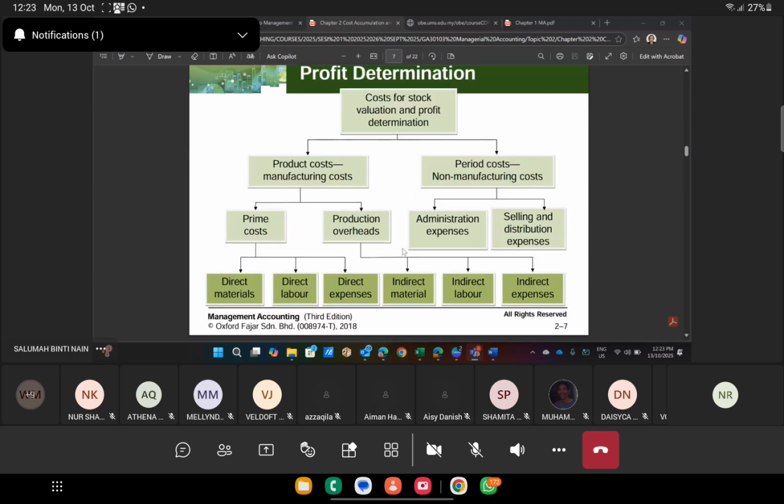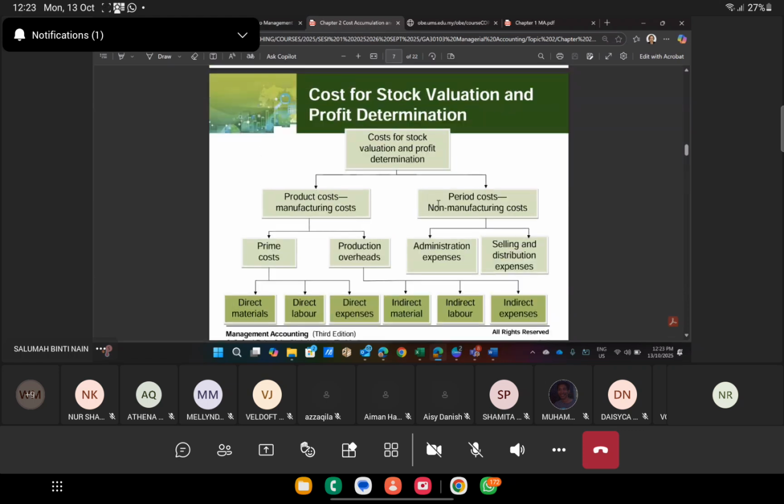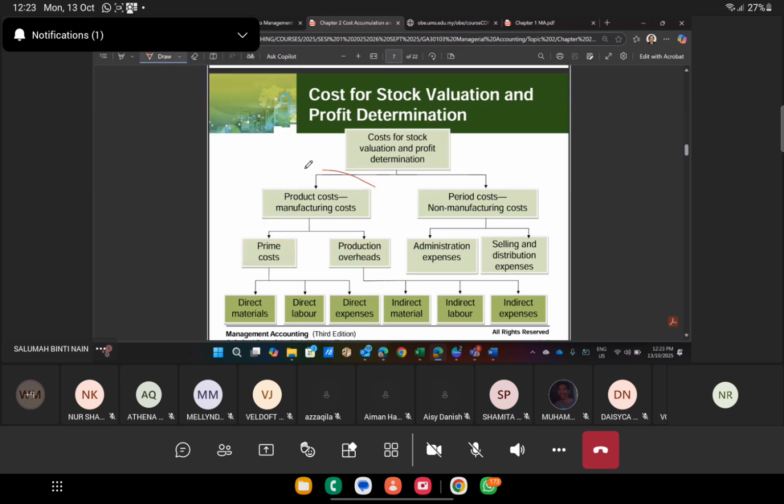So this is basically cost for stock valuation and profit determination. I want to highlight these two. Product cost, period cost.